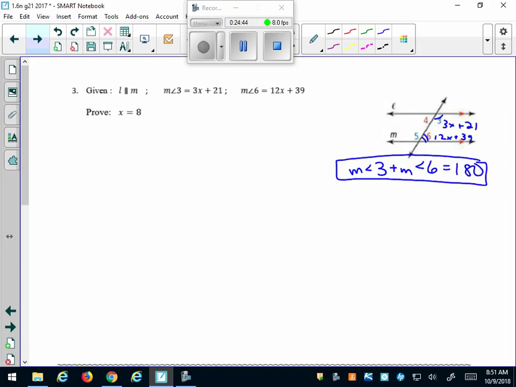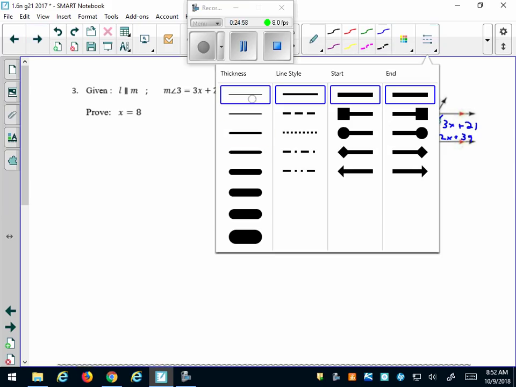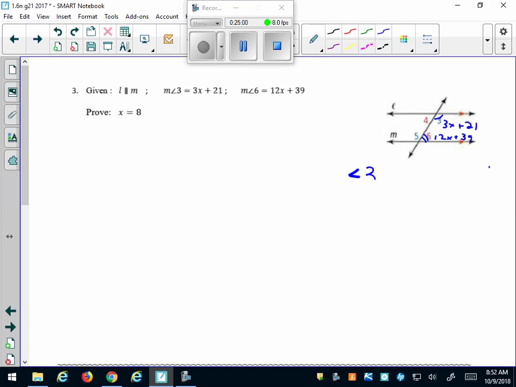Actually, oops, we can't say that yet. First, we have to use the word supplementary. Angle 3 and angle 6 are supplementary because the actual postulate says the word supplementary.